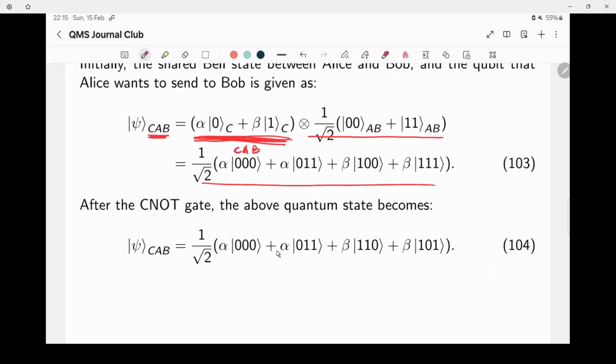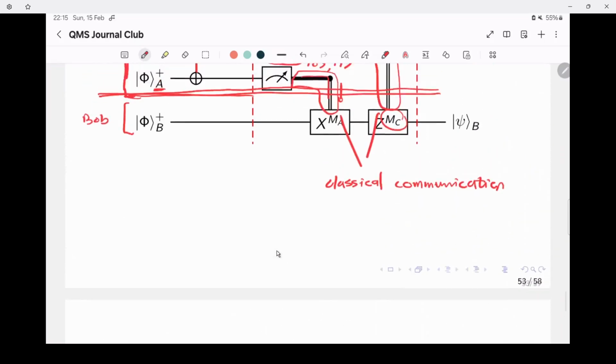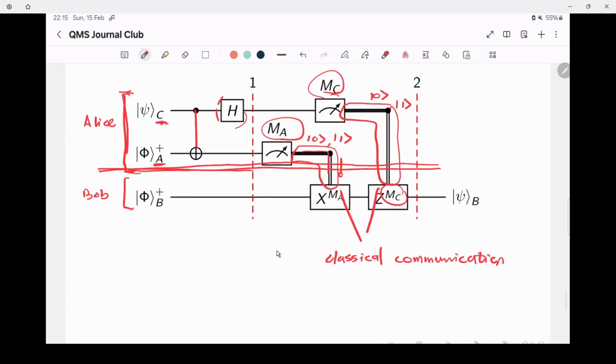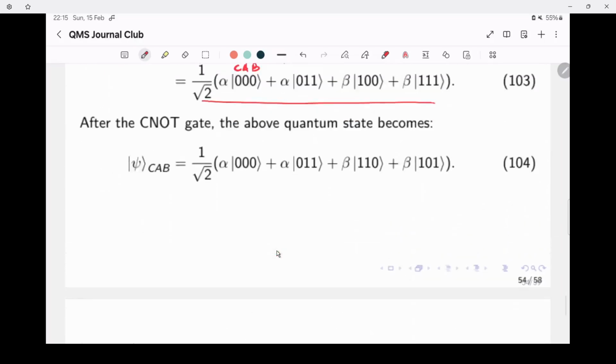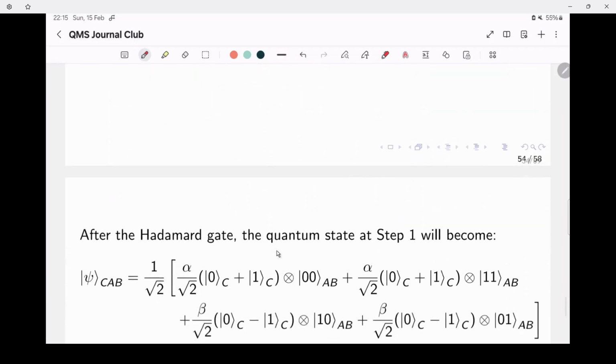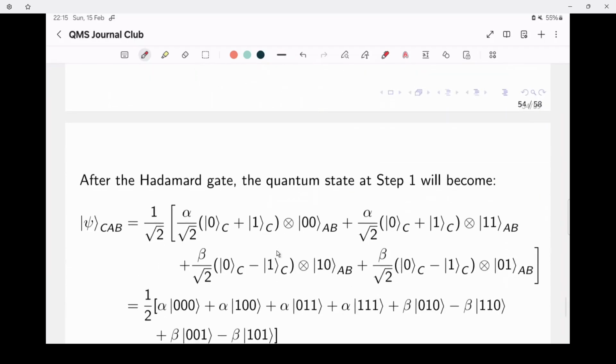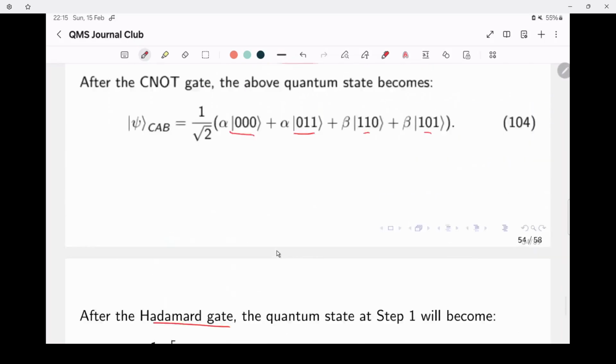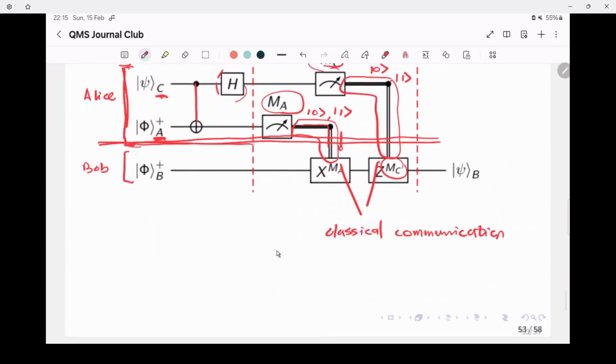So after the C naught, basically your qubit C controls what happens to qubit A. So 0, 0 do nothing, 0, 1 do nothing, 1, 0 you change to 1, 1 you change to 0, and then you perform Hadamard. And this is something quite messy because your Hadamard, okay, it's not as messy yet.